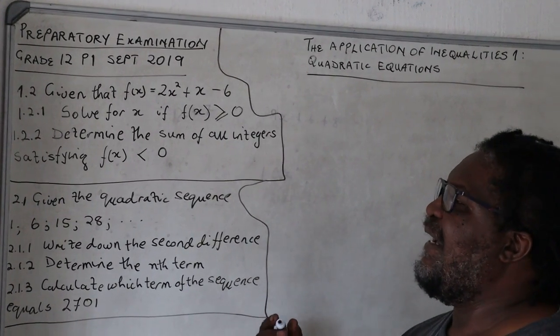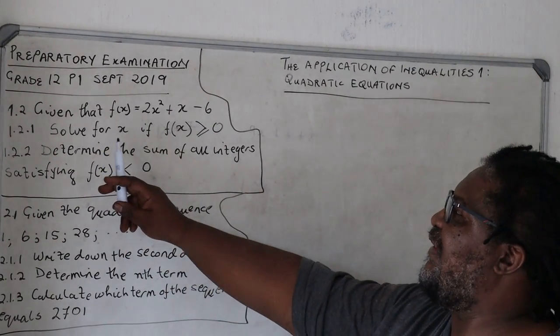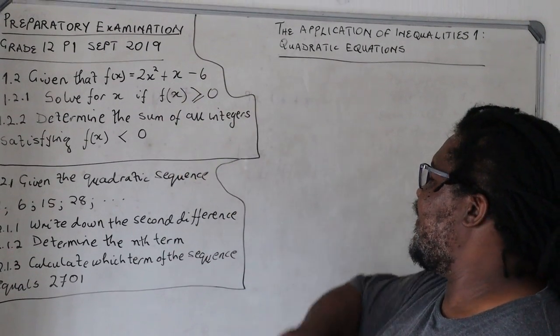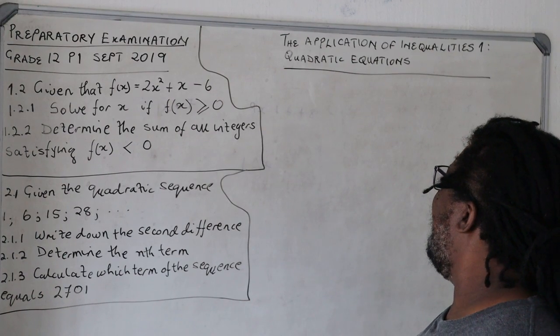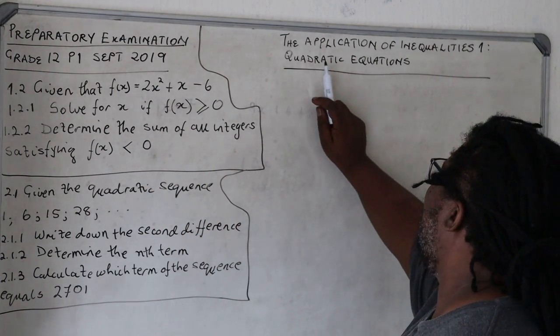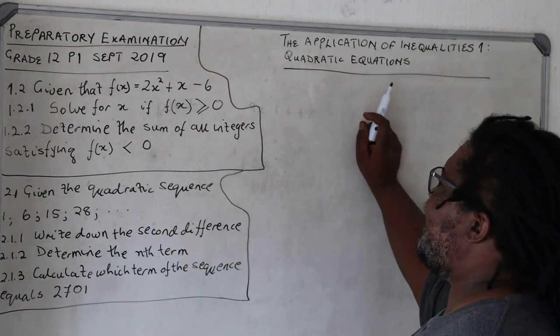It says, given that f of x is equal to 2x squared plus x minus 6. According to our convention, we are going to name it the application of inequalities 1, quadratic equations.